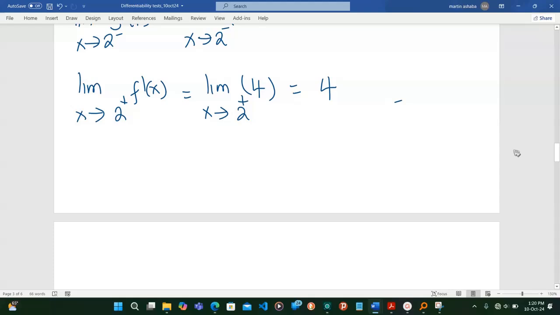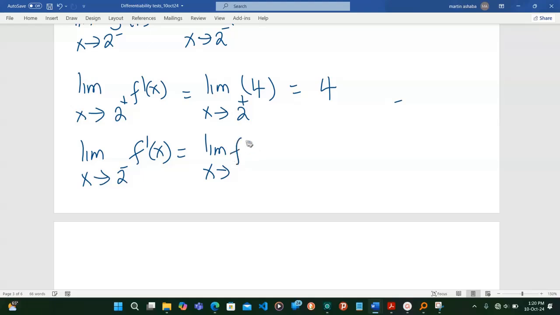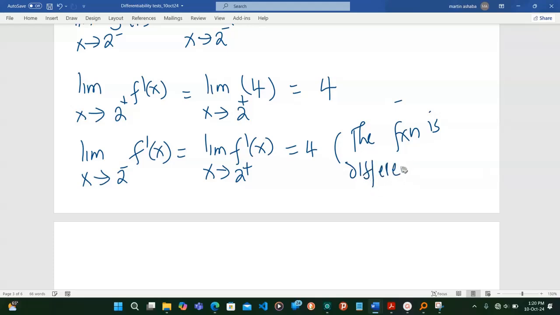Since the limit as x tends to 2 from the left of f prime of x is 4 and the limit of f prime of x as x tends to 2 from the right hand side is also equal to 4, then the function is differentiable at x is equal to 2.